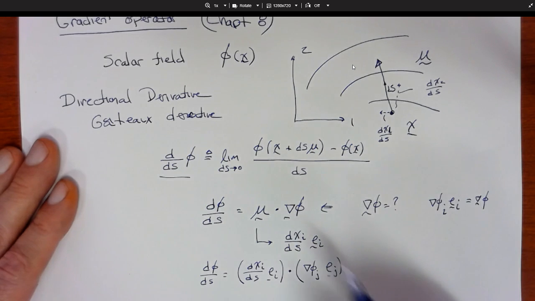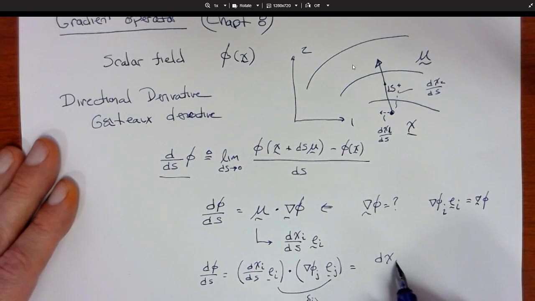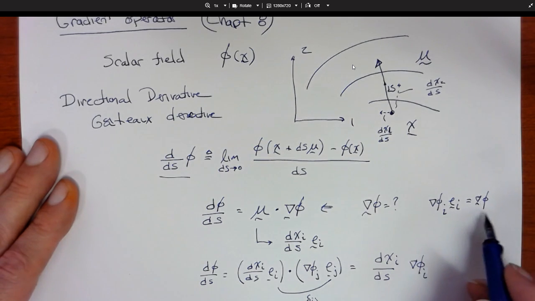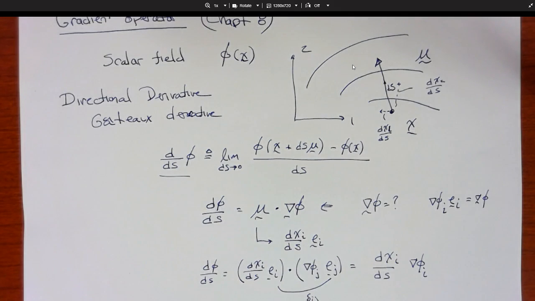And then obviously if we dot this together, we get a Kronecker delta, delta_ij here. The other things are scalars, and so this simply becomes dx_i ds, and then the i component of this quantity grad phi, which we haven't defined.